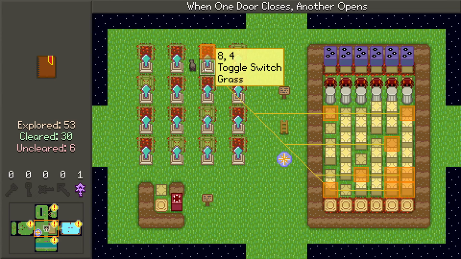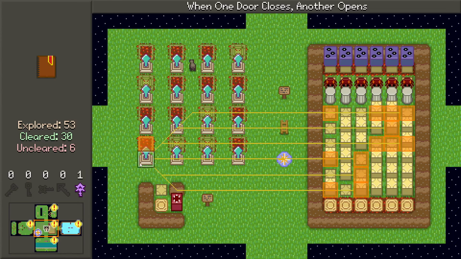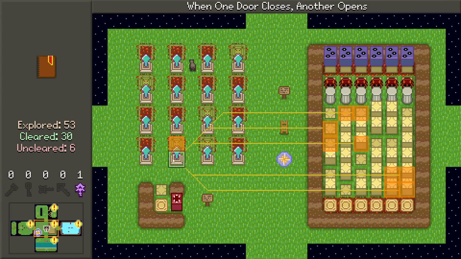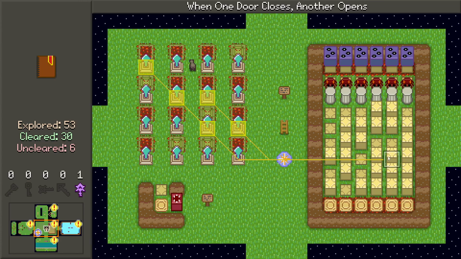How do I know 8-4 is off? Somehow I knew 4-10 was correct. Wait, are these two paired? These two are paired somehow. Or tripled. No, sorry. These are tripled with one of a known state. Yeah, because of this bottom 2x2 block.